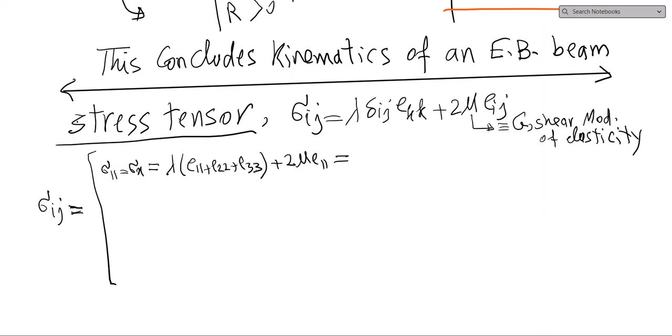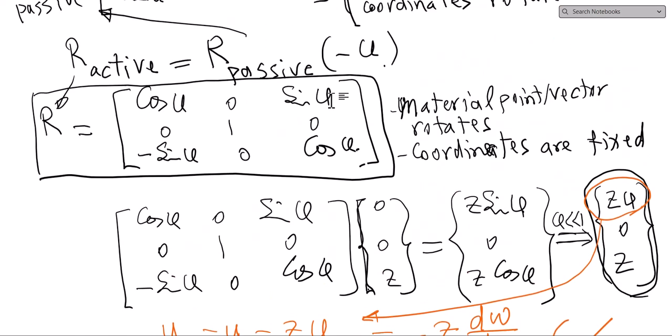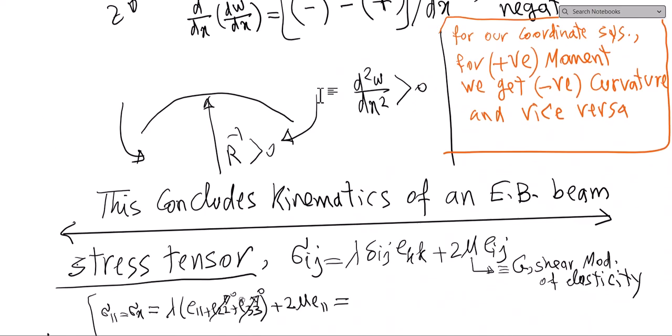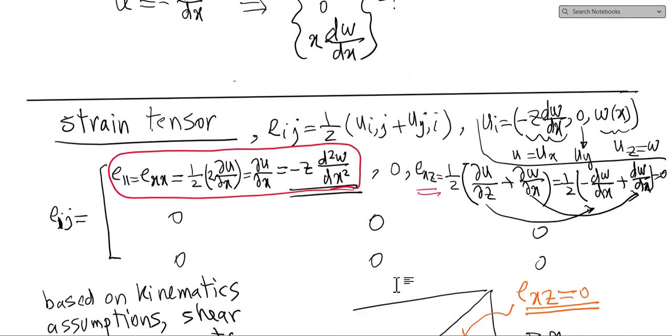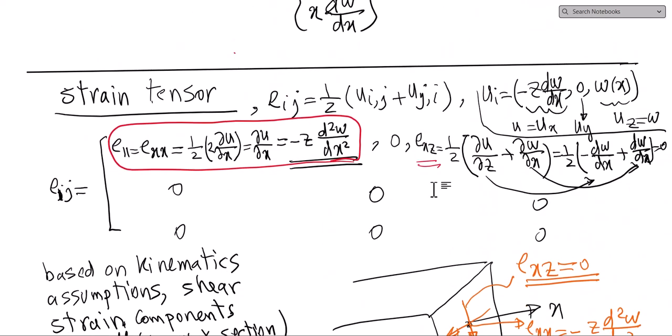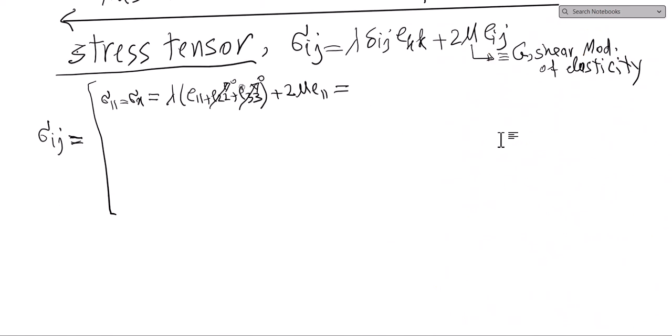Now, this is 0. This is 0. These are the diagonal elements of our strain tensor. We had it here. Remember, the only one that survives is E11. Anything else that shows up, we give it 0. So we have E11 and E11. So this becomes E11 or EX, I write it, lambda plus 2 mu.